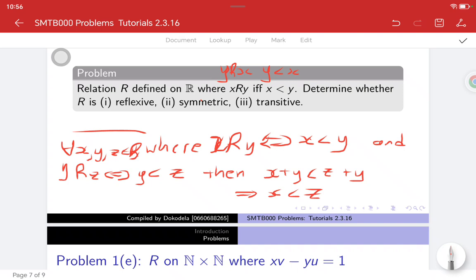So we wanted to arrive where x is less than z. This means that x is related to z, hence R is transitive.